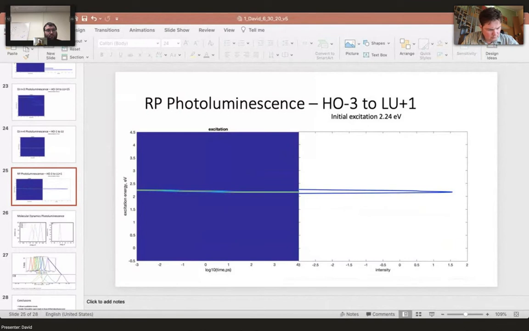So yeah, it's a very big oscillator strength value.